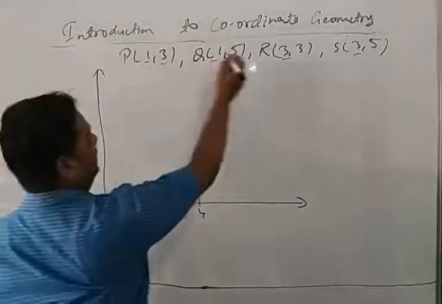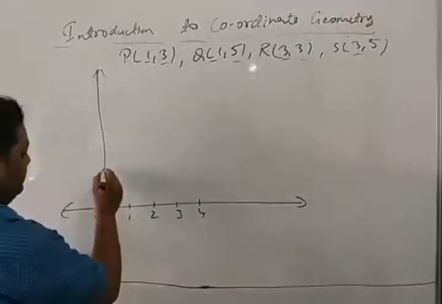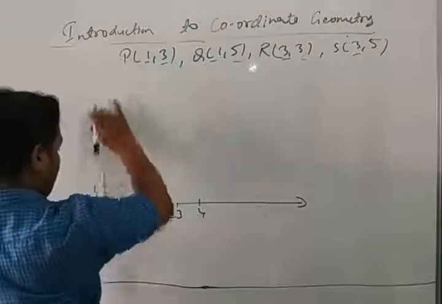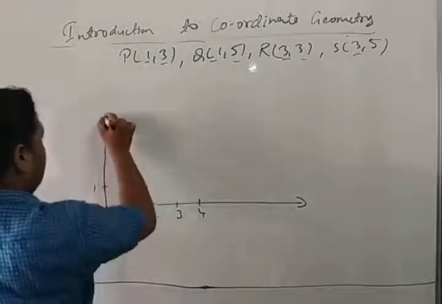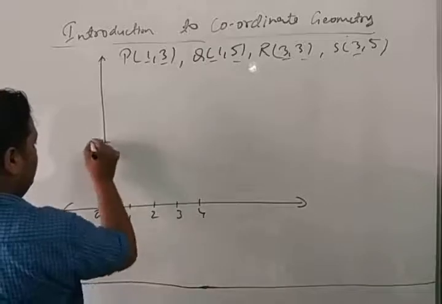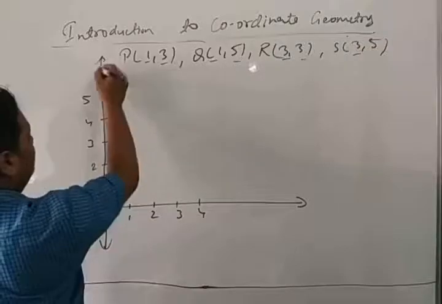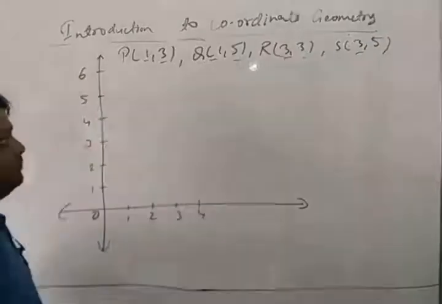And for y, the highest is 5, so up to 5. So 1, 2, 3, 4, 5, up to 6 we will go, one more. Okay.